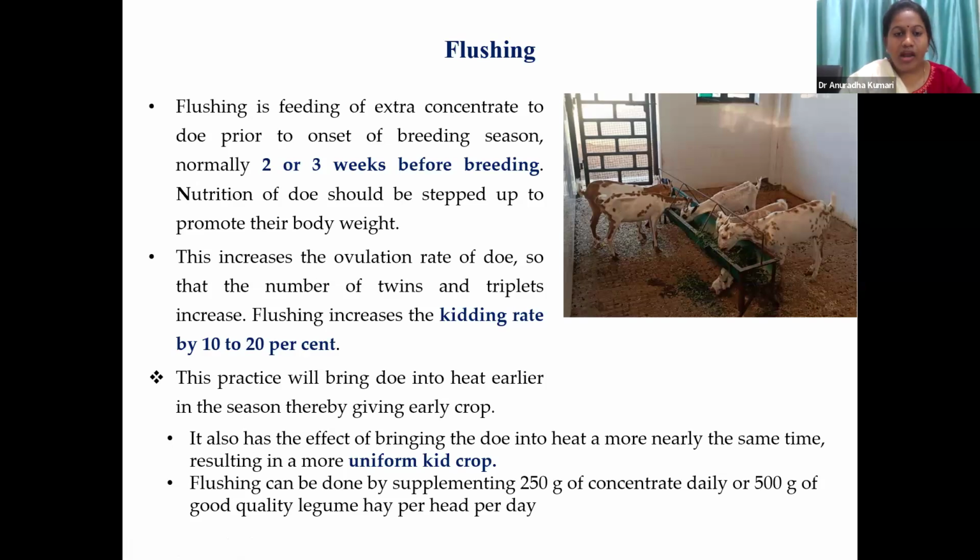Along with improving the body weight of the mother, flushing also helps in increasing the kidding rate. Flushing also brings the different does into heat simultaneously, which leads to a uniform kid crop on the farm and makes management very easy. For flushing, supplementation of 250 grams of concentrate or 500 grams of good quality leguminous hay can be given per head per doe.